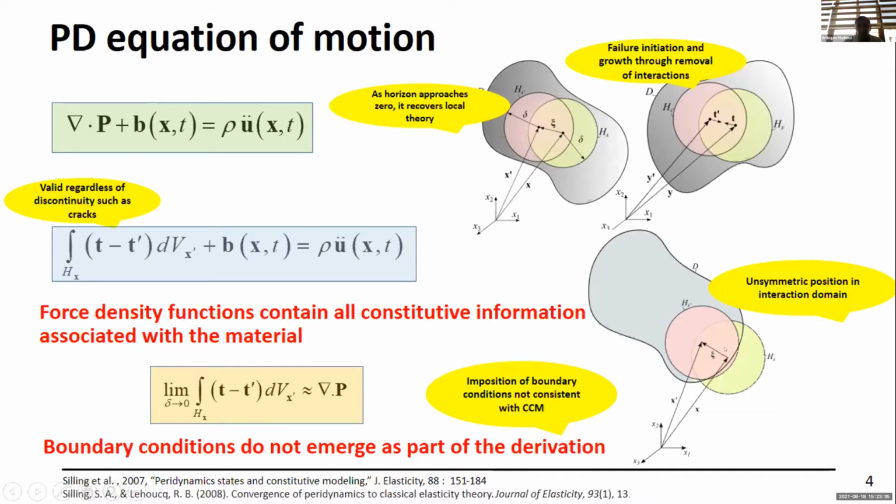If the material point is not symmetrically located, that's going to create some concerns that I'll talk about later. Also, the boundary conditions do not emerge as part of the derivation. But in real life, we need to impose boundary conditions, which is not consistent with classical continuum mechanics.